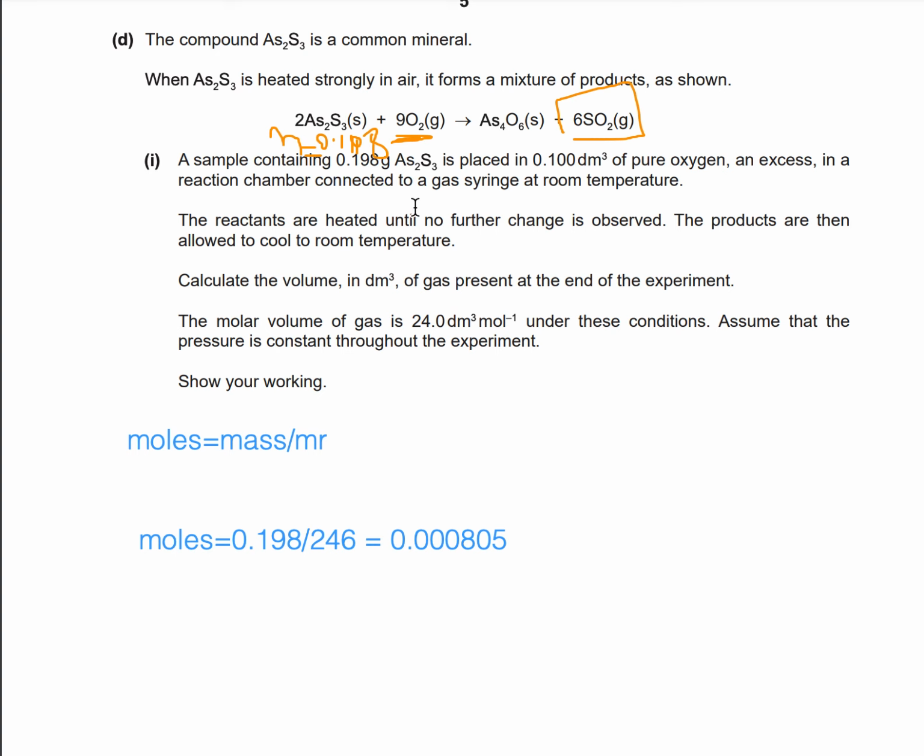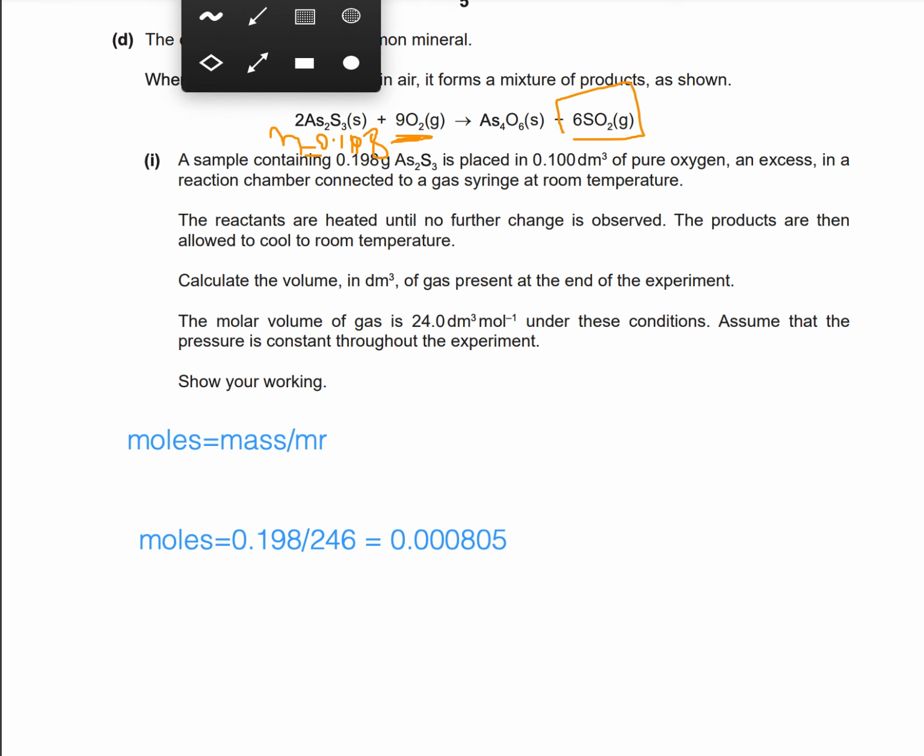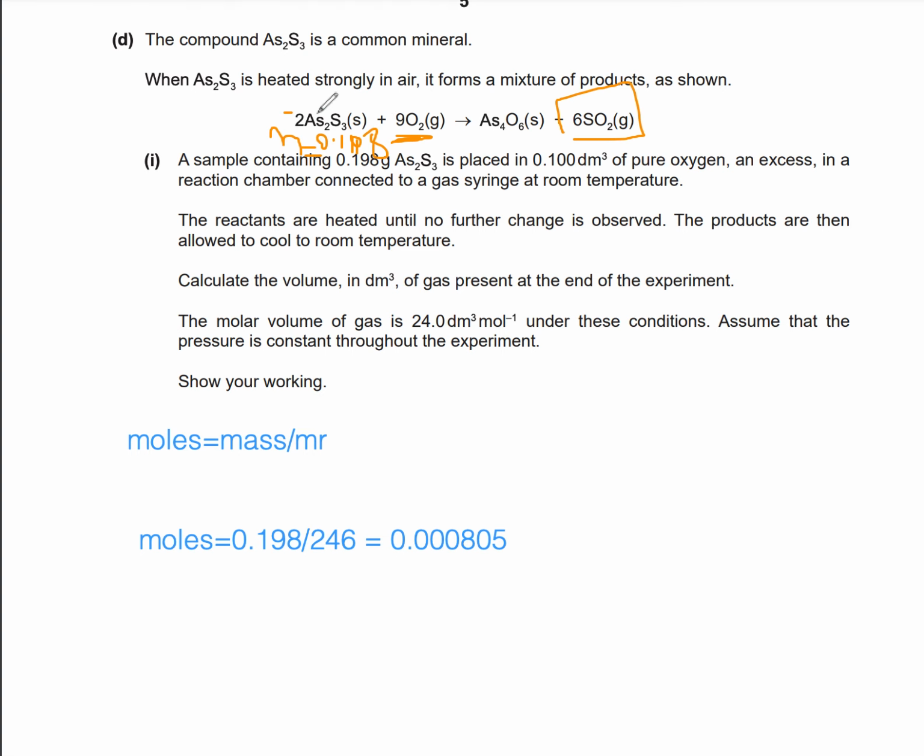Now, what is the mole of sulfur dioxide which has been formed? So in the equation, what's the ratio of the two compounds, As2S3 and 6SO2? It's 2:6 of the moles, right?